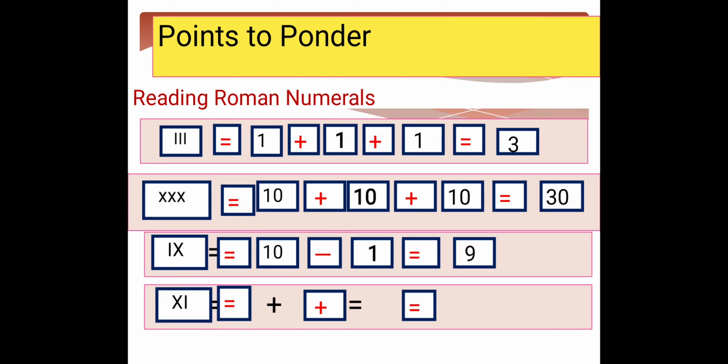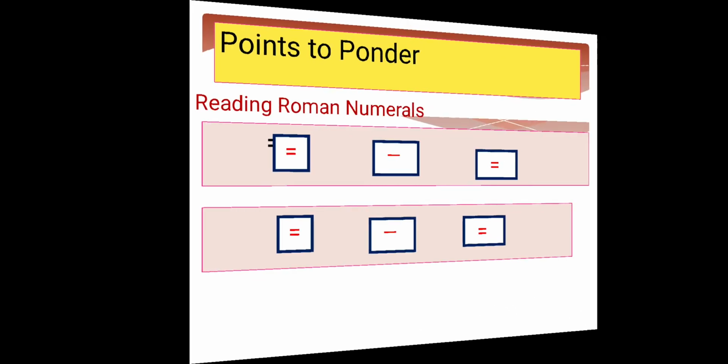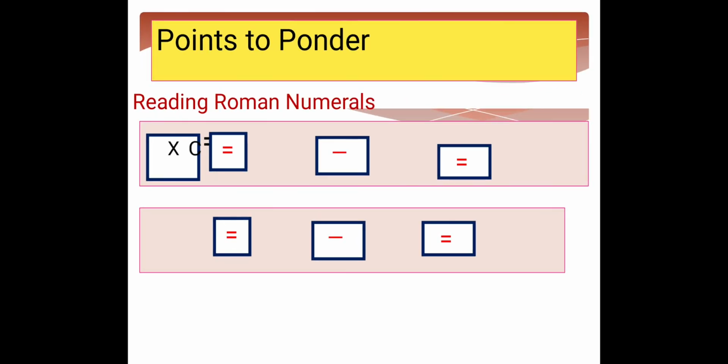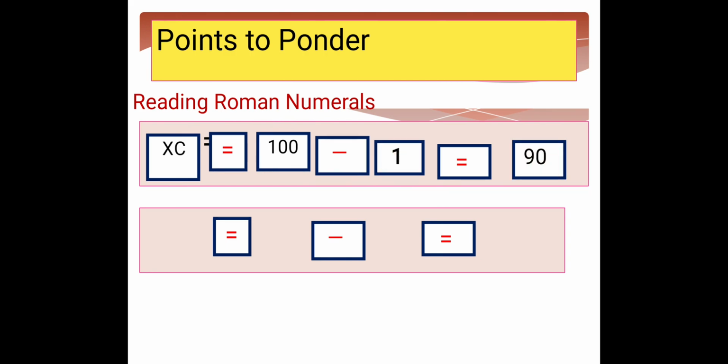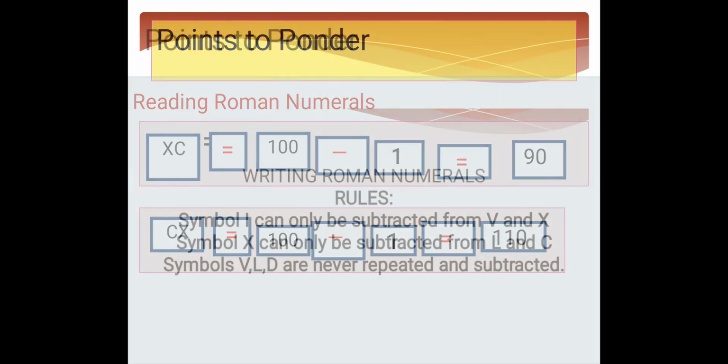This is 10 plus 1 equals 11. This one, 100 minus 10 is 90. This is 100 plus 10 is 110.